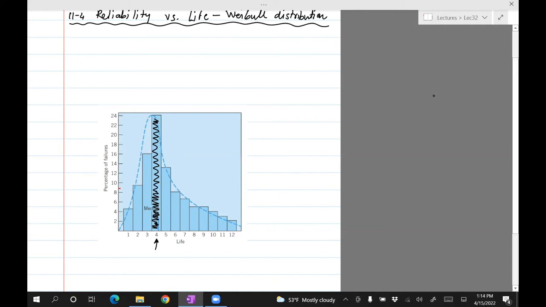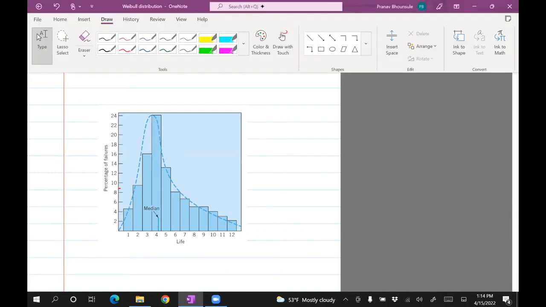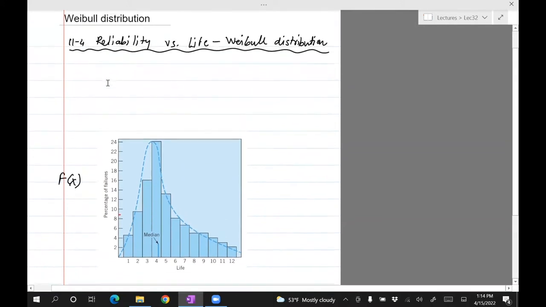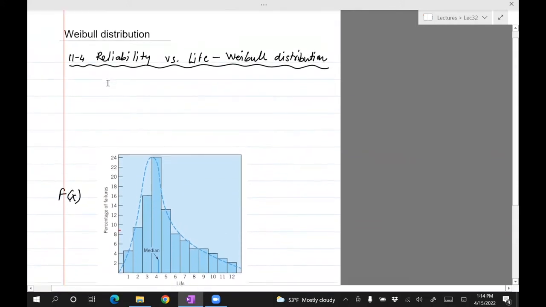And you can fit a curve, and the dashed line is a curve which is basically the variable distribution. So this plot here is known as a PDF, or a probability density function, f of x. So maybe just make a note here.